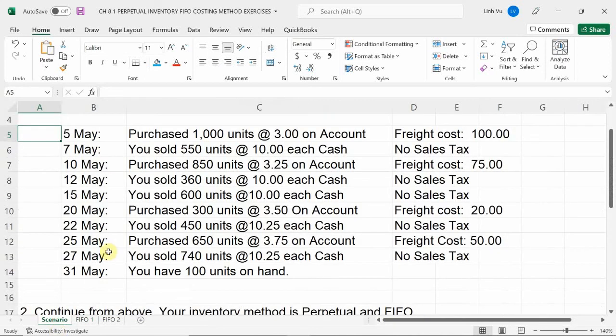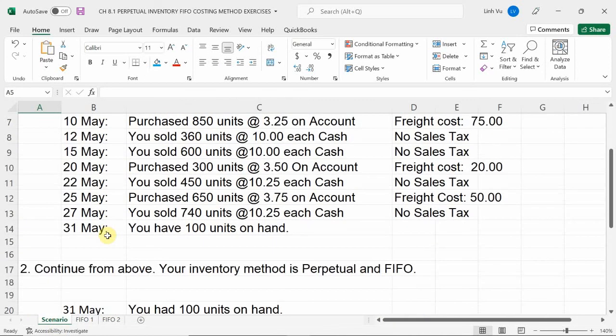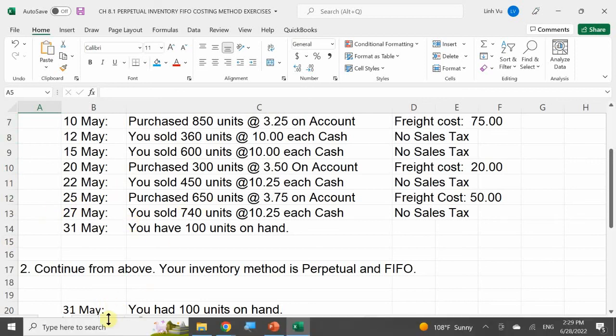So then, lastly, on May 27, you end up selling 740 units, giving you at the end of the month of May 31st a total of 100 units left remaining. So, May 27, we sold 740 units.